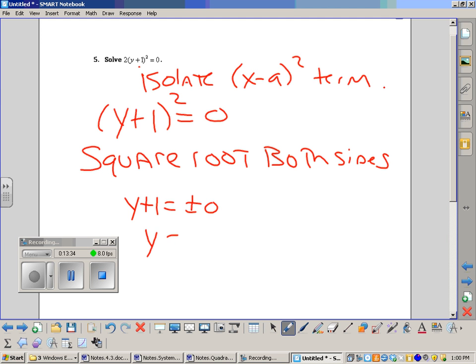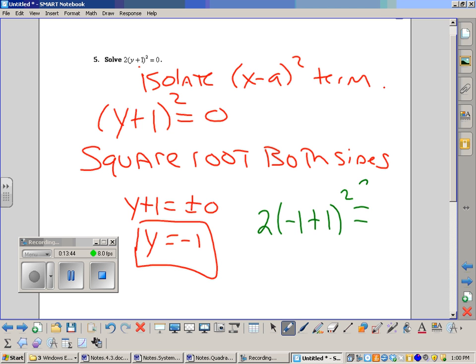So we get one solution, negative 1. If you wanted to test that, let's see, 2 times negative 1 plus 1 squared equals question mark 0. 2 times 0 squared equals question mark 0, and that's 0. Perfect. Okay. That was just a solve an equation. I think it can be a little bit tricky because of that equals 0.